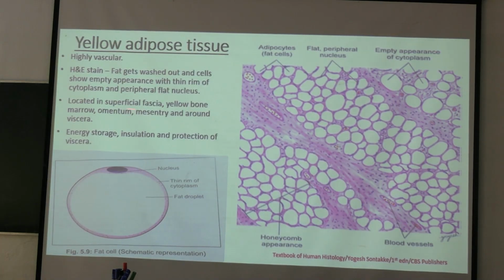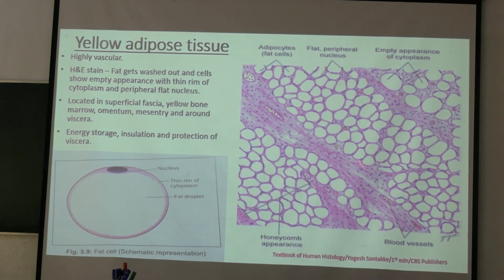So yellow adipose tissue, see this is the schematic diagram of adipose cells, and adipose cell tissue will show like this. These are the cells, you can see peripherally placed nucleus, signet ring appearance, and very thin rim of cytoplasm near the periphery of the cell. And the cells are lying in groups, okay.